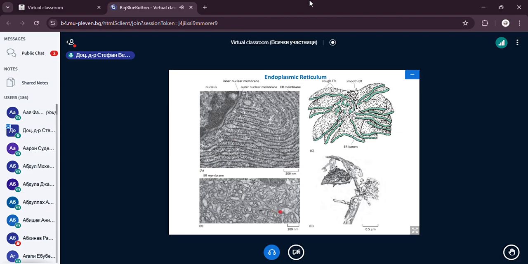This electron micrograph represents the smooth endoplasmic reticulum, and these are vacuoles and cisterns lacking granules on their surface. Here you see a part of one mitochondrion on the electron micrograph. And once again, see this continuation of the cisterns of rough into the cisterns of smooth endoplasmic reticulum. So they represent one unified internal space in the cell.